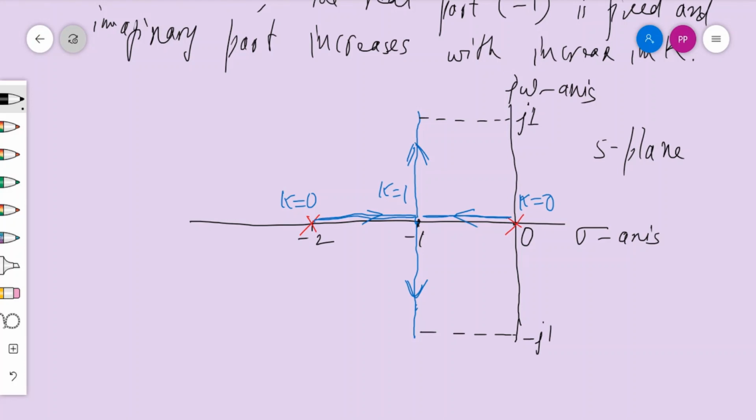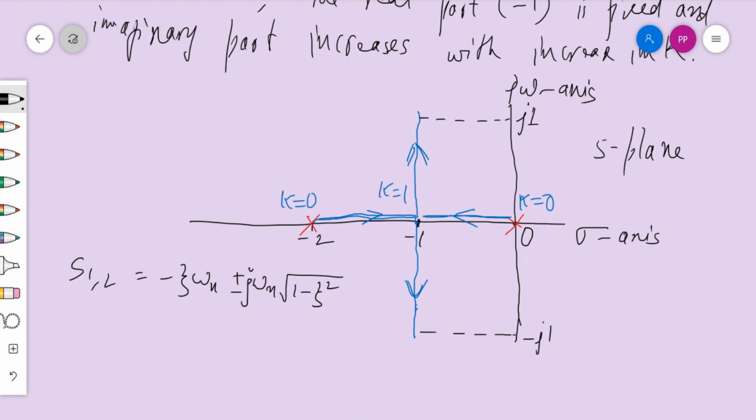So let us write down the roots of the characteristic equation of a second order system. This is s1,2 equals minus xi omega n plus minus omega n root 1 minus xi square. In case of underdamped roots, we place a j over here.